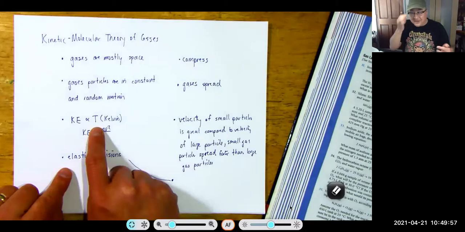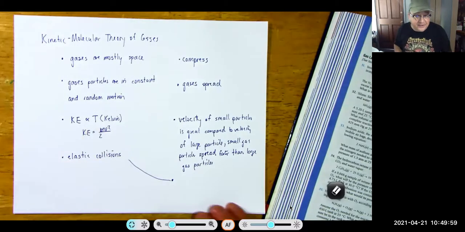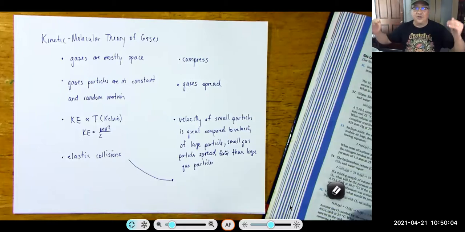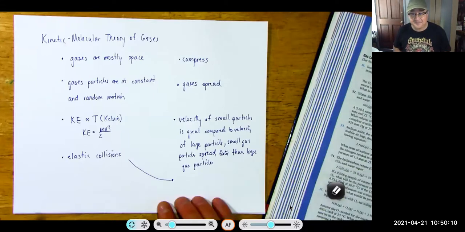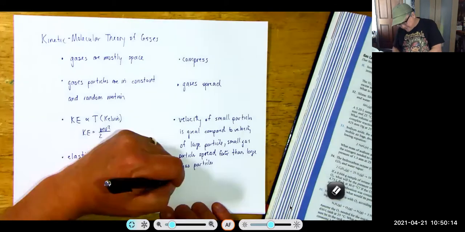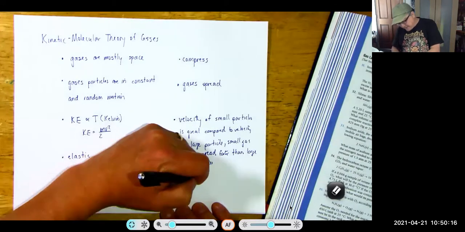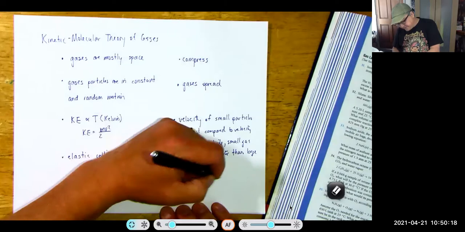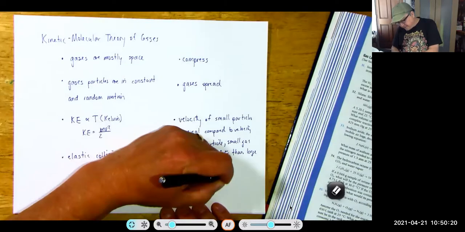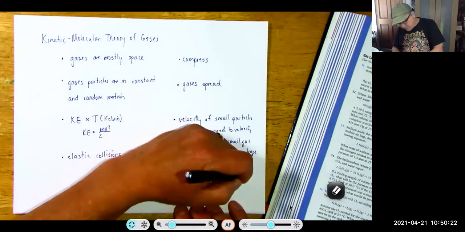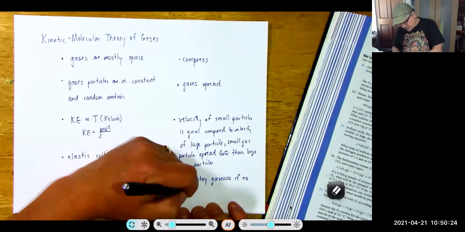And this is why a gas becomes a liquid: if you cool it down, you're removing the kinetic energy, and if you're removing the kinetic energy, it might stick to something better. Right. So for elastic collisions, we're going to say gases stay gaseous if there's no change in pressure or change in temperature.